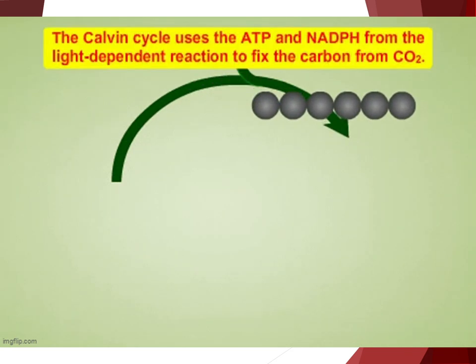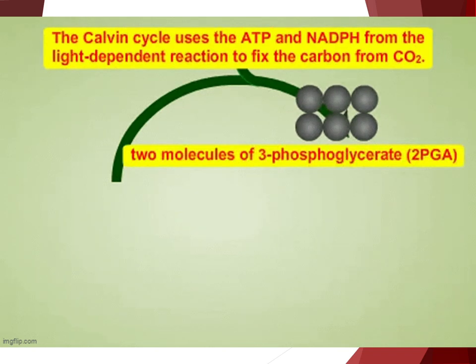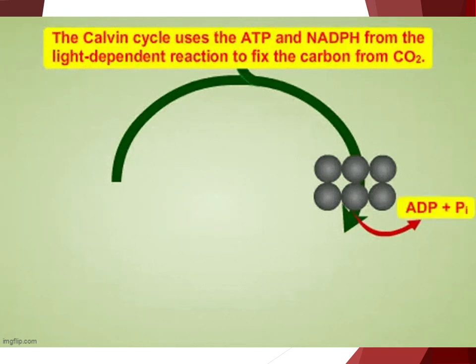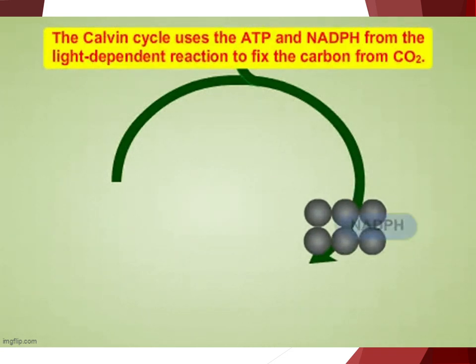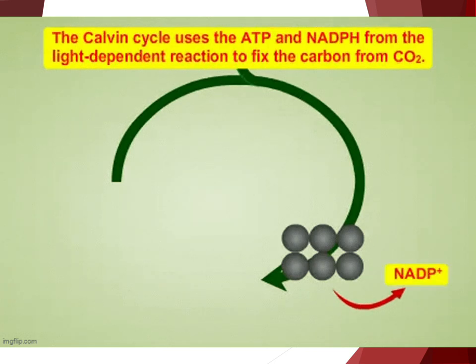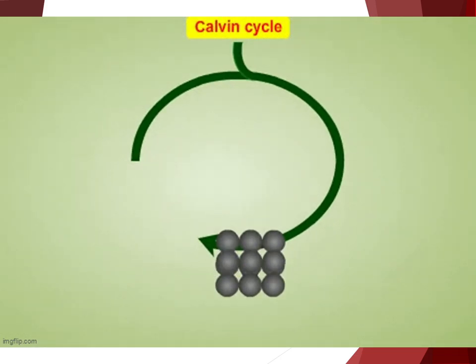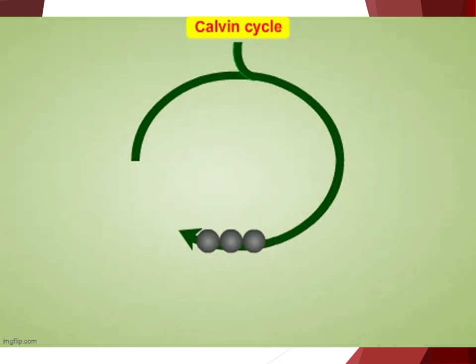Now, the steps are, step number 1, carbon dioxide from the air is captured by existing organic compounds, or CO2 acceptors. This process is called carbon fixation. Step number 2, the carbon from the carbon dioxide is then reduced through a series of steps by electrons provided by the NADPH, which was produced in the light reaction.